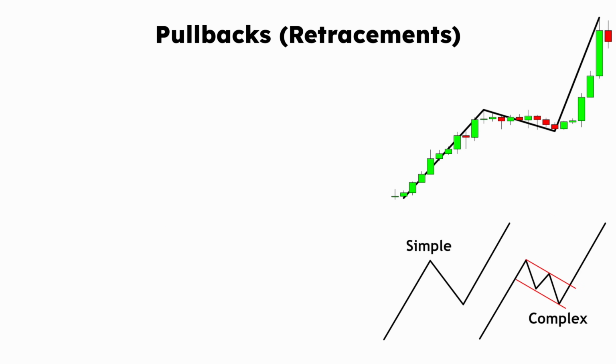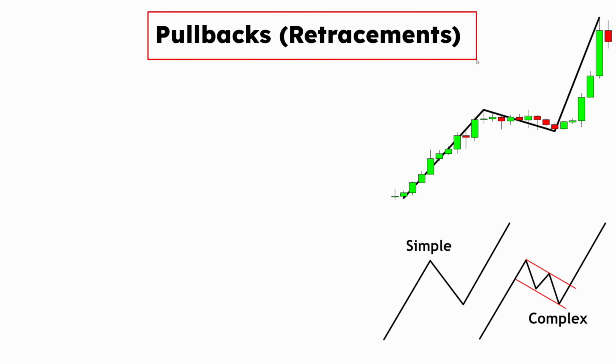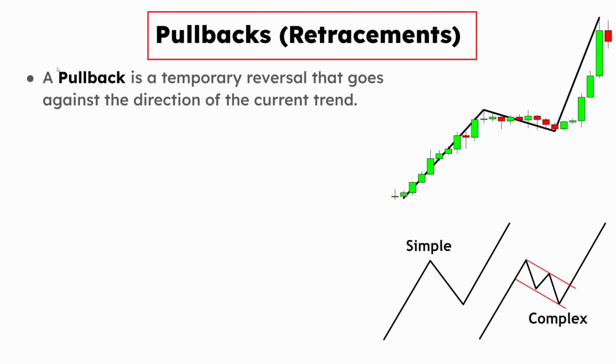So now it's time to dive deep into pullbacks. Another word for this is retracements, another word is consolidations, but all of these words pretty much mean the same thing. So what is a pullback? Well, a pullback is a temporary reversal that goes against the direction of the current trend.